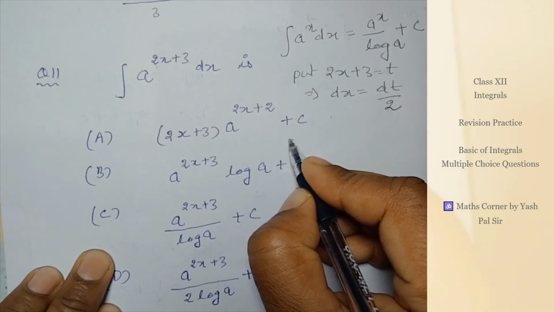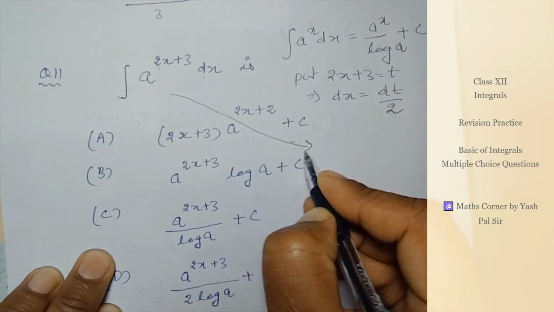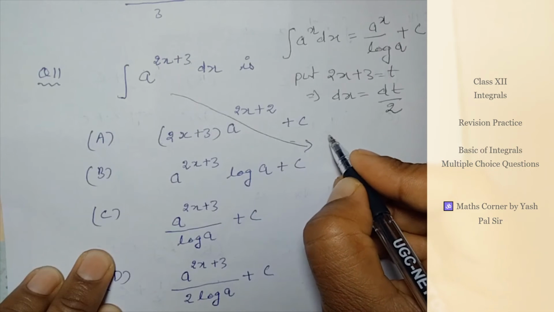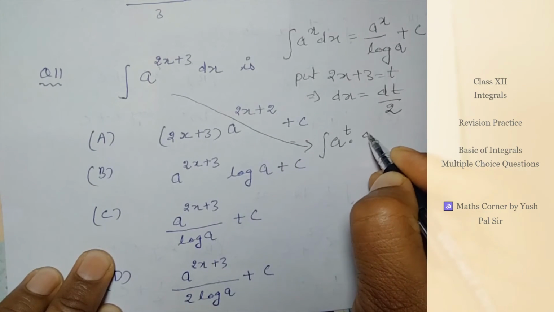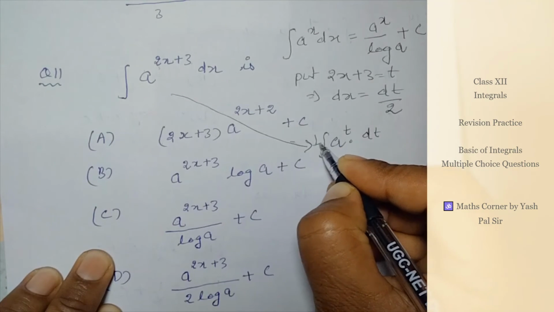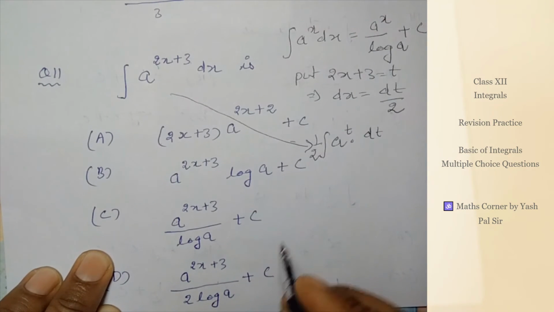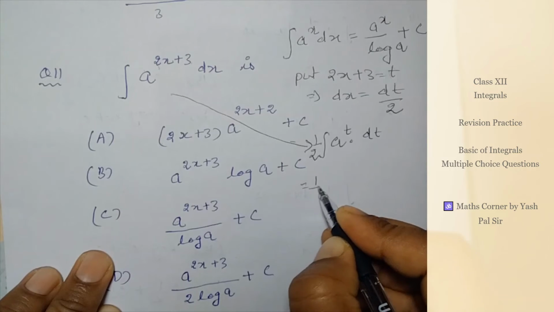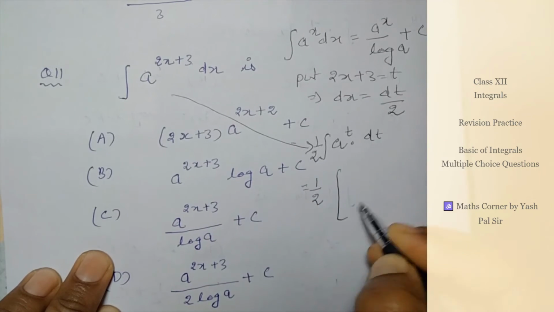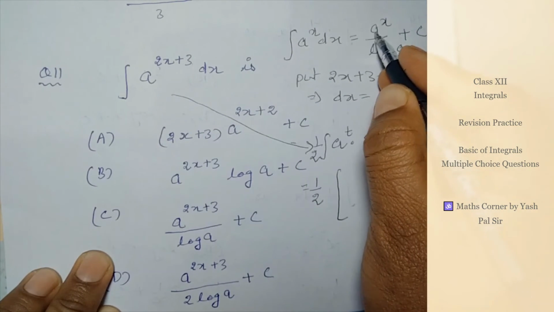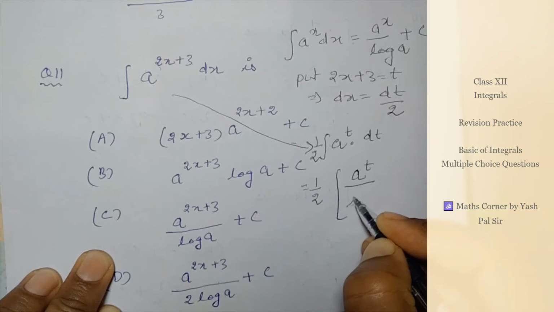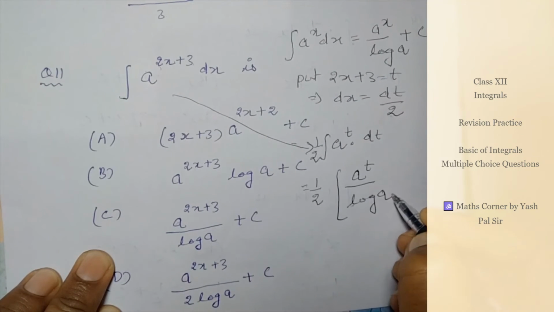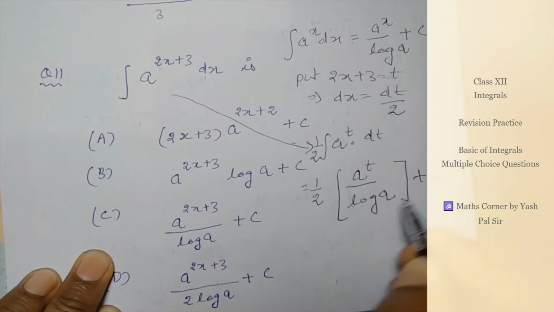So this way the question becomes integration of a raised to power t into dx mean dt upon 2. Upon 2 we are writing this outside. So this is equal to 1 upon 2. According to the rule a power x, in place of x we are writing t. A power t divided by log of a plus c.